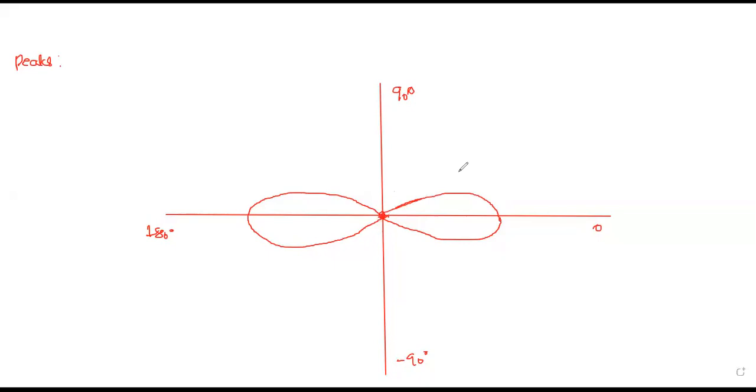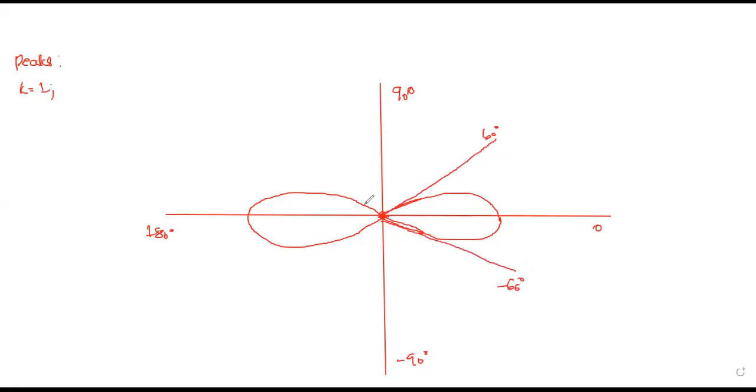Consider for k is equal to 1, what was the null direction? 60 degree, ma'am. So remember k is equal to 1 you are starting, not k is equal to 0. You have got 60 degree. So draw for 60 degree. First 60 will come somewhere around here. So this is plus 60 degree. The other one is minus 60 degree.